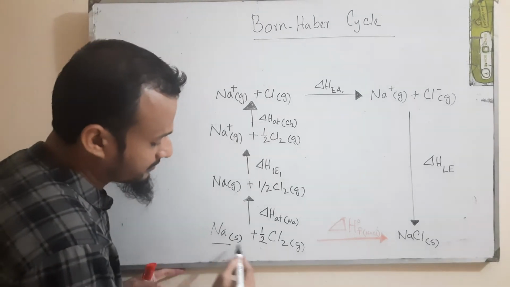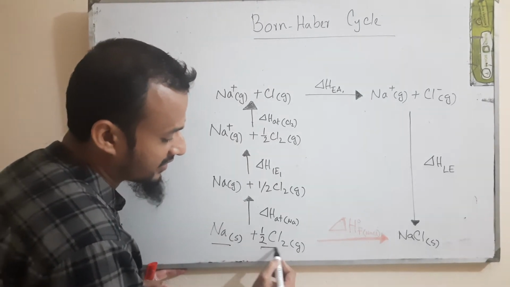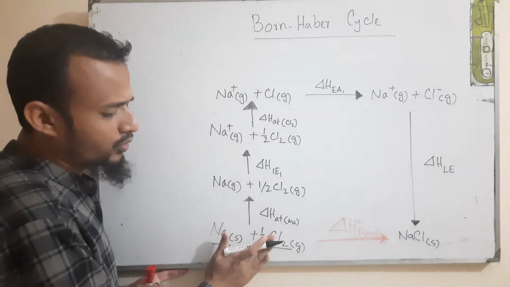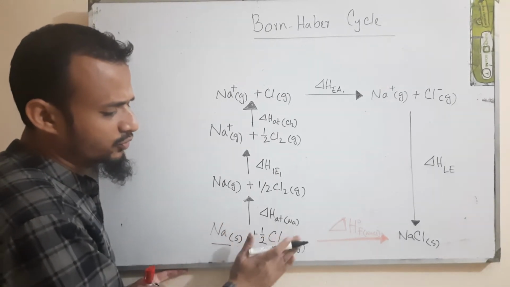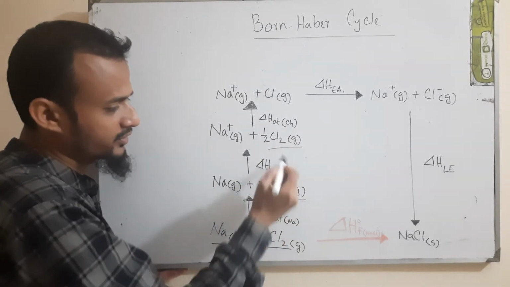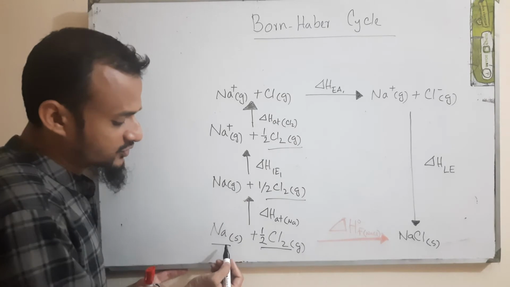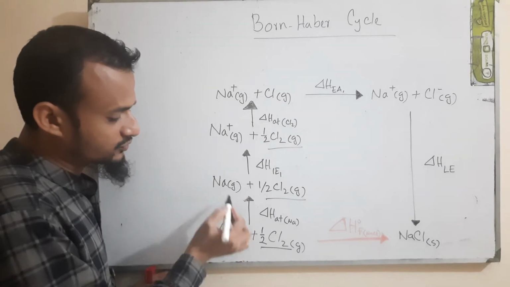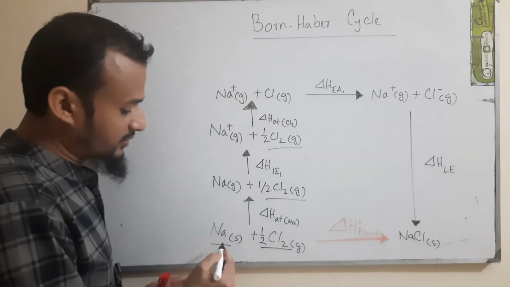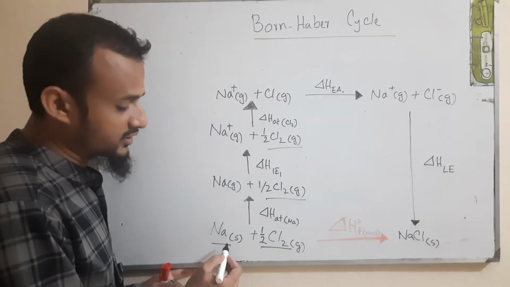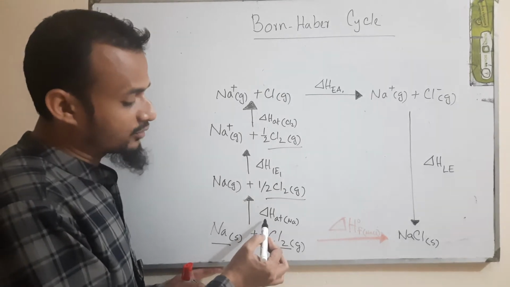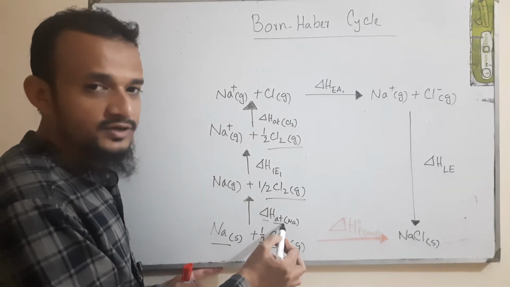Now let's start. Let's see from here. You have sodium solid and half Cl2 gas. First of all, we'll not bother about chlorine. It's the same thing. But first we are going to make sodium solid into sodium gas. And you know already, I discussed that, if you're going to make 1 mole of sodium solid into 1 mole of sodium gas, the energy change is called enthalpy change of atomization, right?